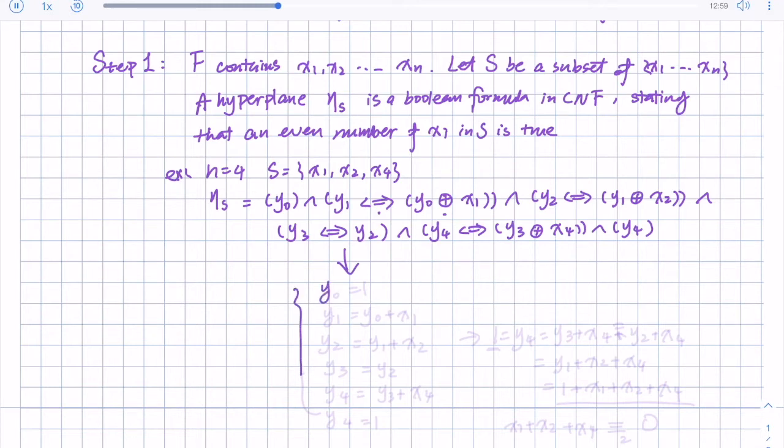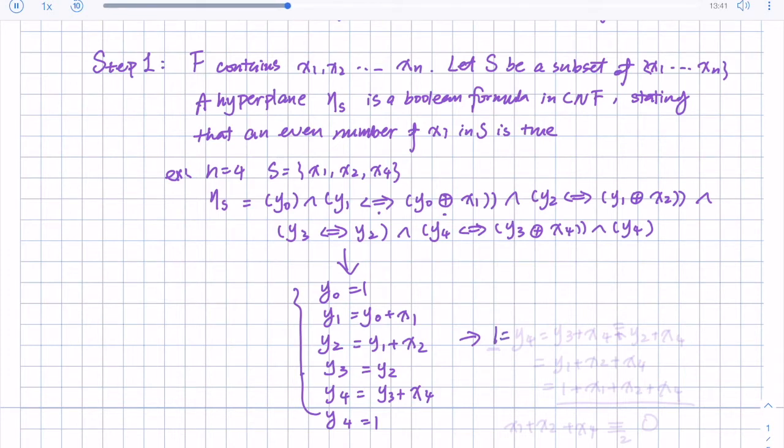If we regard all the implications as equal, and all the exclusive OR as addition, then we can say y0 is 1, y1 is y0 plus x1, y2 is y1 plus x2, y3 is y2, y4 is y3 plus x4, and y4 is 1.